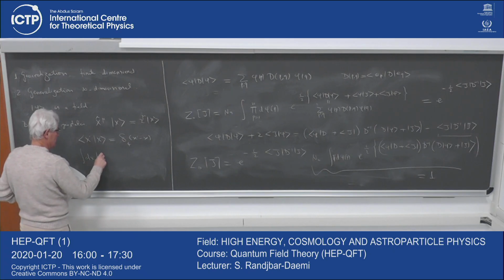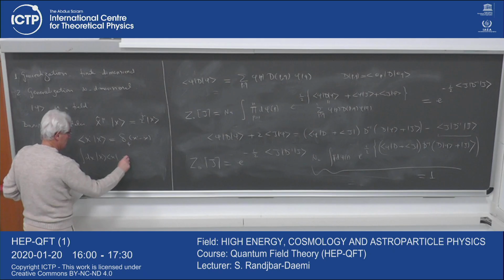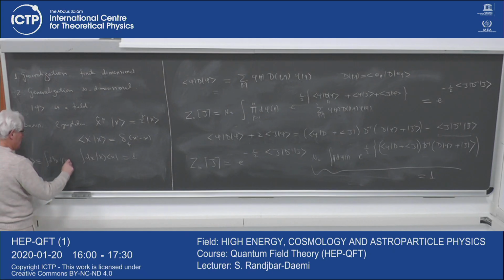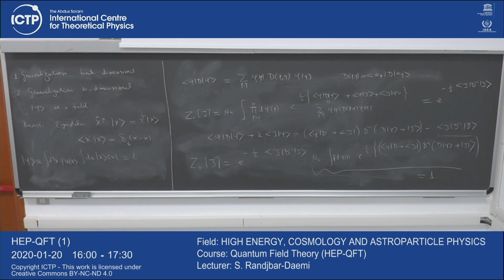I am suppressing the index, the matrix index mu, etc., but it's understood that x has 4 components. Okay? Now the phi can be expanded in this basis. The coefficients are the components of the vector phi in that basis. So phi of x is the inner product of x and phi.